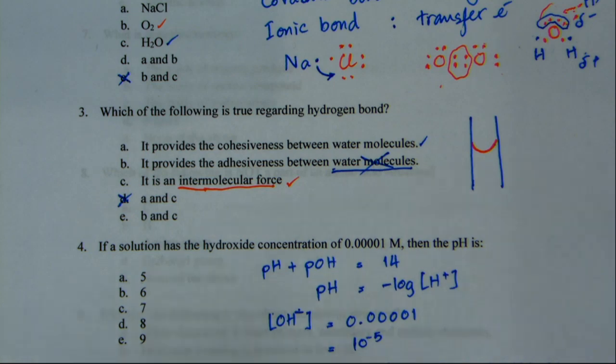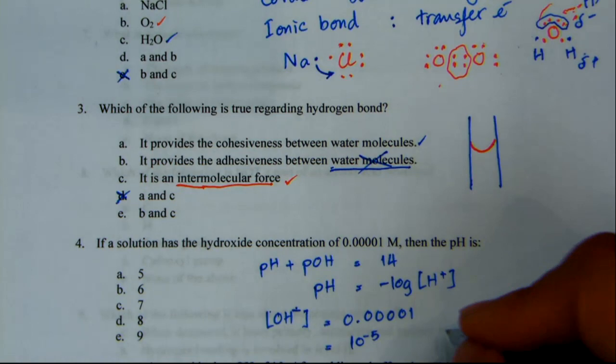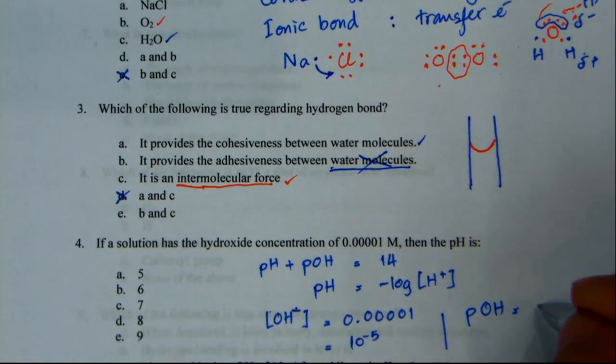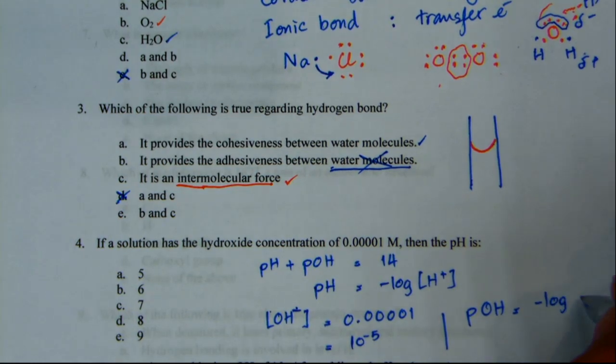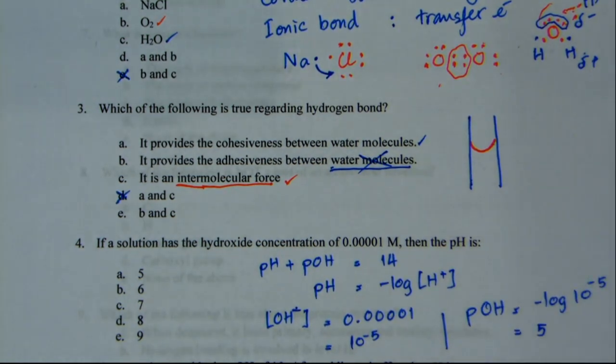If we take the negative log of that, we get pOH equal to 5, okay?